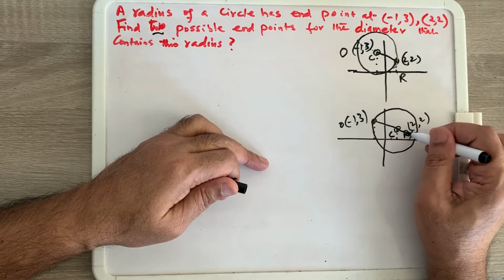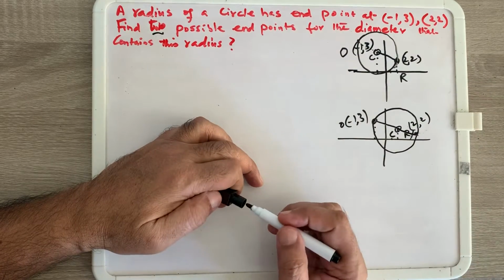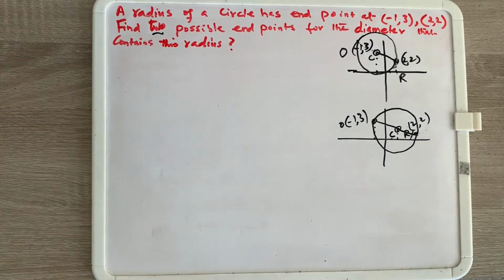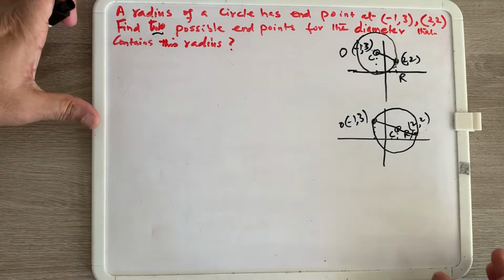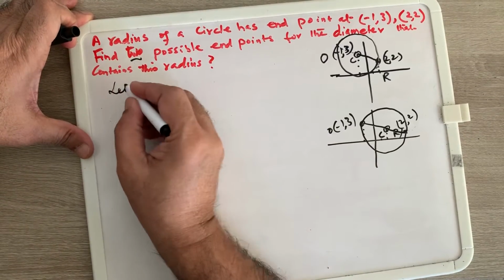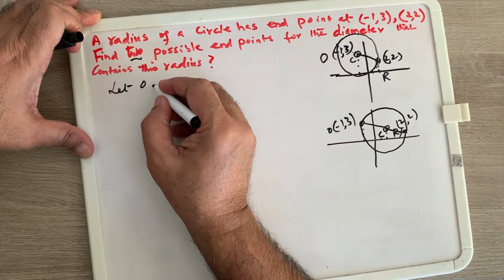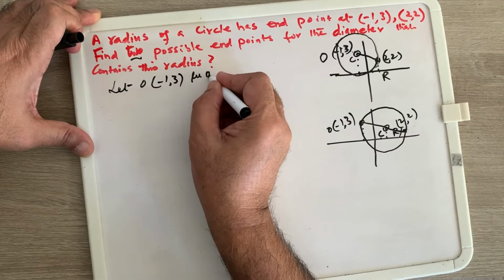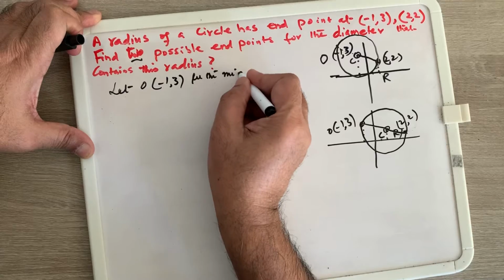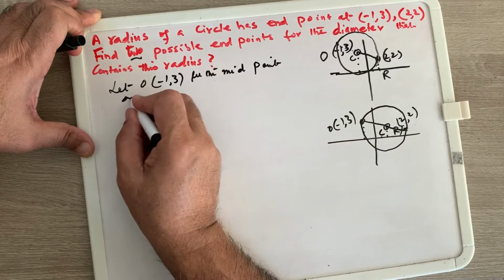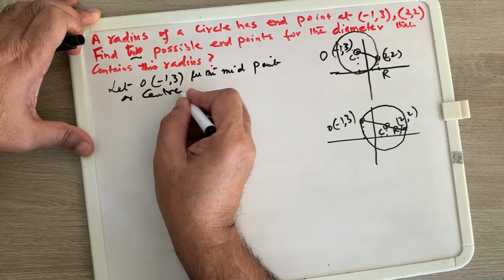In both cases, we have to use the midpoint formula, because the midpoint is the center of the circle, and we can use it twice. Let O (-1, 3) be the midpoint, or center of the circle.